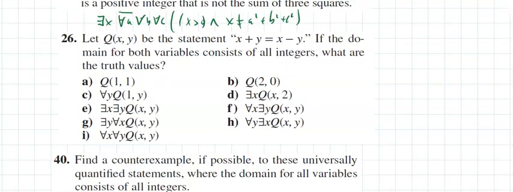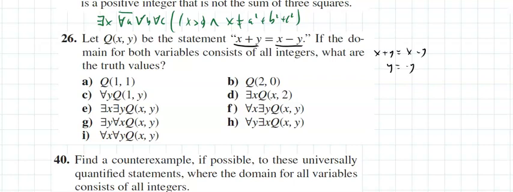All right. Now let's look at 26. Let Q be the statement x plus y equals x minus y. So the x's cancel out.